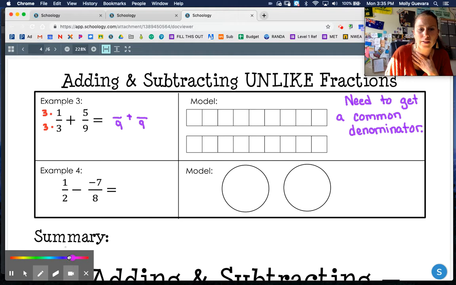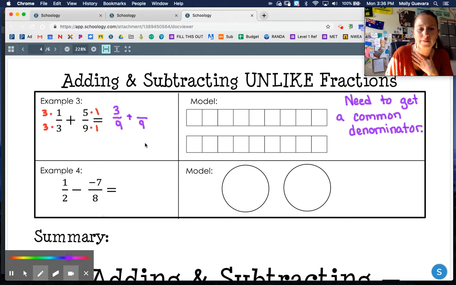So then that gives me 3. Okay, so 1 times 3 is 3. 3 times 3 is 9. And then over here we say, what do we multiply 9 by to get 9? And that's 1. So I multiply everything by 1.